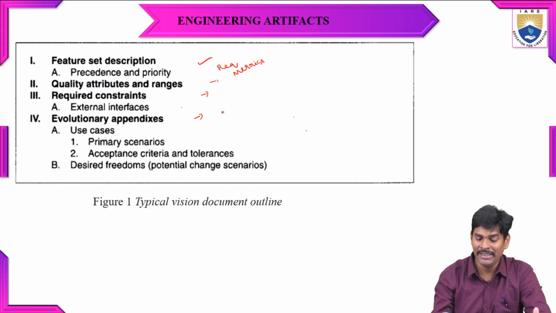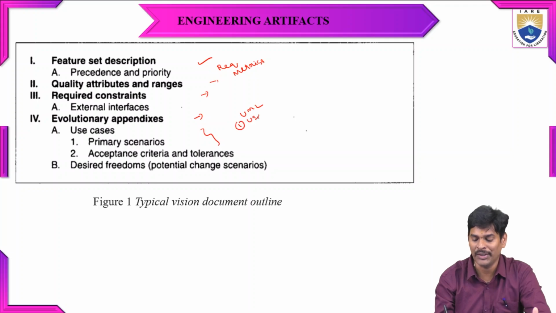So here in these engineering artifacts, this appendix is very important. Now we will discuss it in detail. Generally we have 2 types of appendix. The first one is use cases. Mainly we need to check, based upon the UML, the different types of appendix. One is use case.